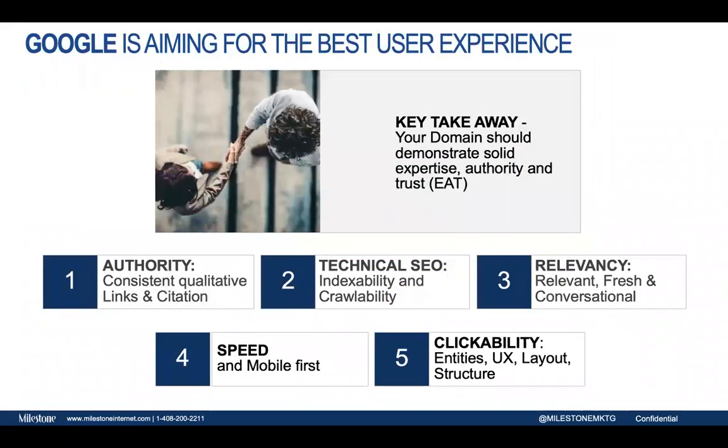Now, as we are aiming towards the best user experience, there are a few things that you can do to make sure that your domain demonstrates solid expertise, authority, and trust. First and foremost, you can build authority by consistent and qualitative links.